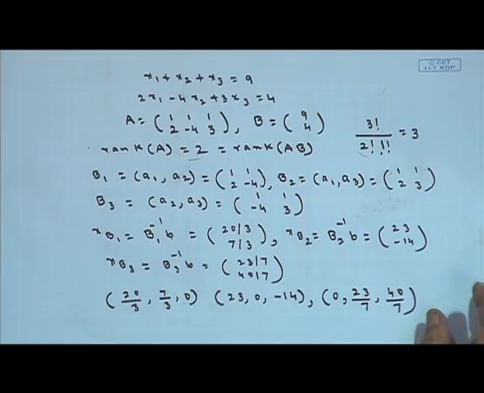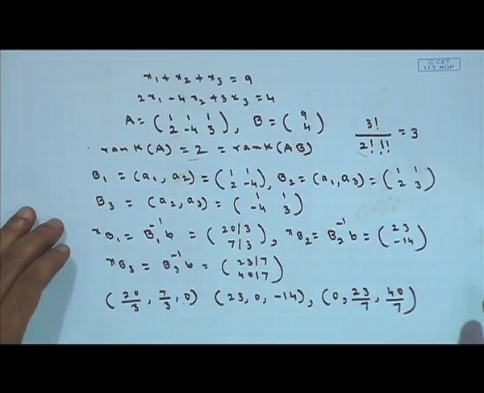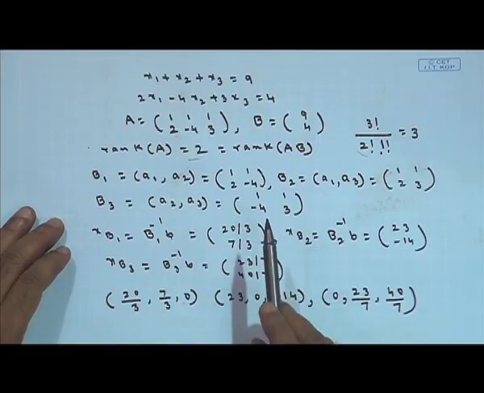So if you see what is happening in the process of finding the solution, basically we are trying to find the basic solution at first. How to find the basic solution? For that we are using the linearly independent columns, or the rank.